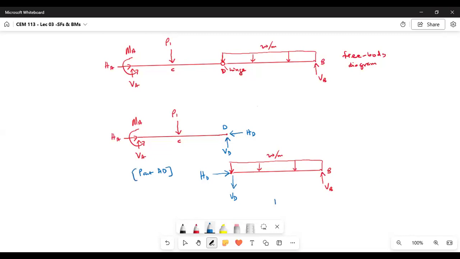And this particular side is now part DB. I think I should avoid using the blue so that we know the blue has been used for a specific purpose.